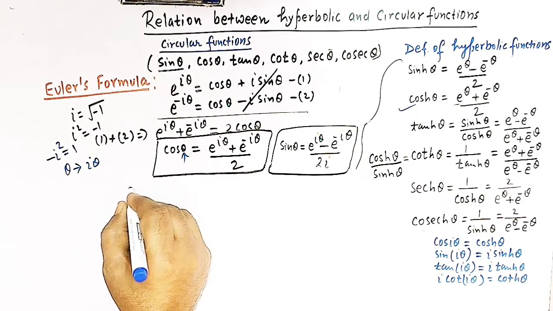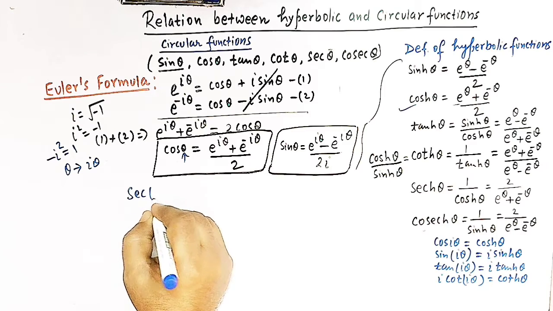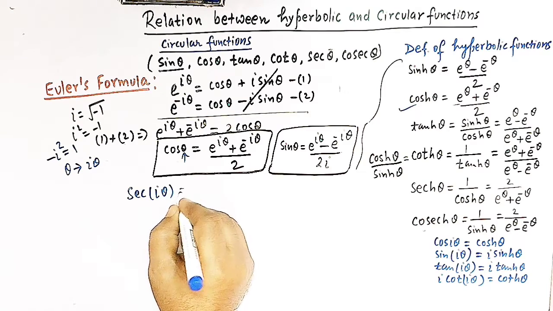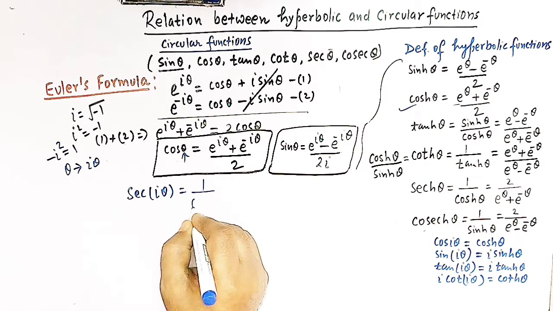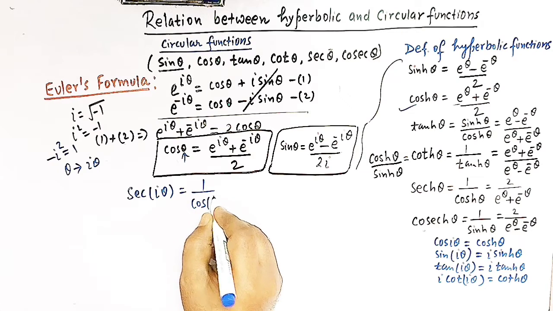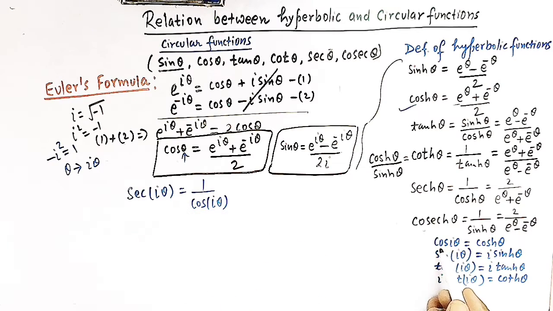So now let us write secant of iθ as 1 over cosine of iθ. Now cosine of iθ is equal to hyperbolic cosine of theta.